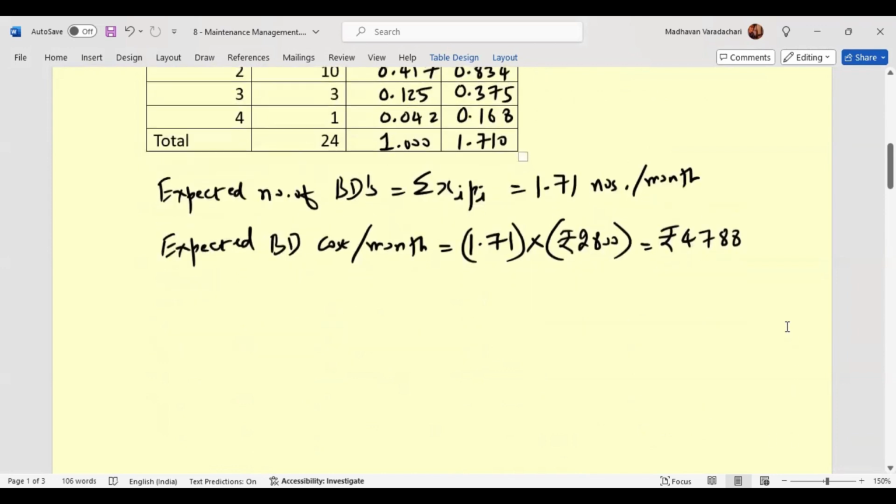Now we will calculate the preventive maintenance cost per month.